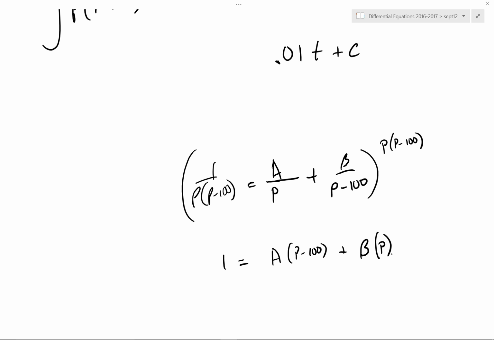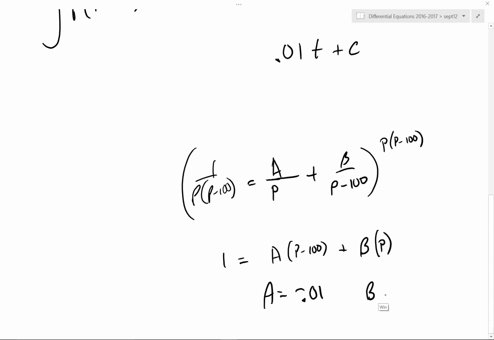If you let P equal 0, be careful right there. What's going to happen is this is 0, it's going to be negative 100, right? So A is negative 1/100, and B is equal to 0.01, right? Yes. Just be a little careful of that.